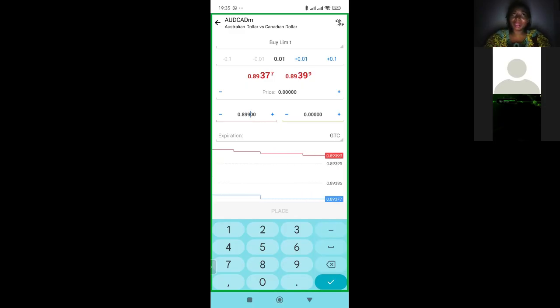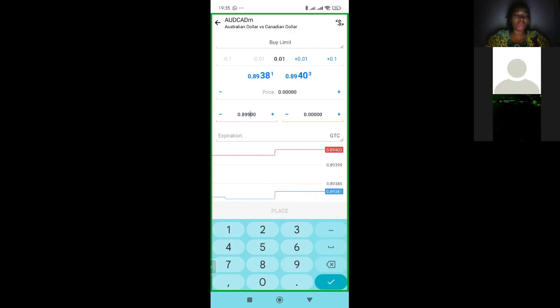When they say buy limits, it means that the market has actually gone above your preferred price. Maybe, let's say you wanted to buy, the market is currently at 0.89399, so the market is already at that point, but maybe you want to buy it at 0.8900.